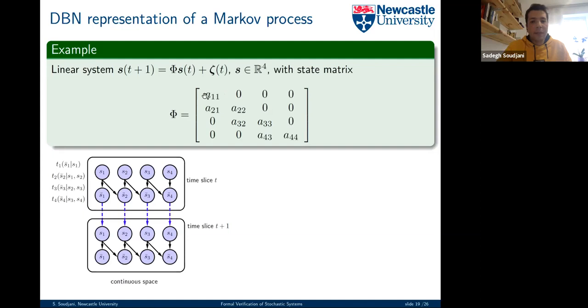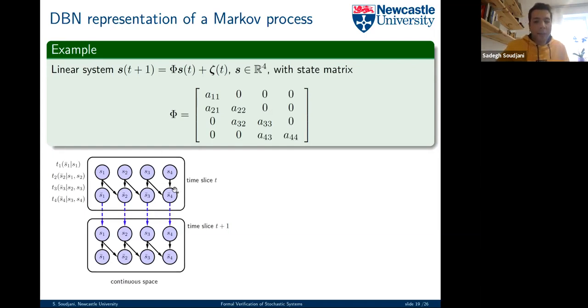For example, we know that S1 only depends on itself, so that's why we have an arrow from S1 to S1 bar. If we look at the second row of the matrix, S2 depends on S1 and S2, so S2 bar is connected to S1 and S2. There are two arrows from S1 and S2 to S2 bar, and so on. So the structure of this matrix and how the states depend on each other is reflected in the Bayesian network at time slice t.